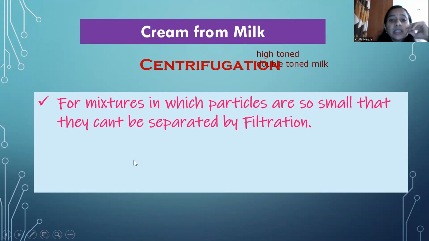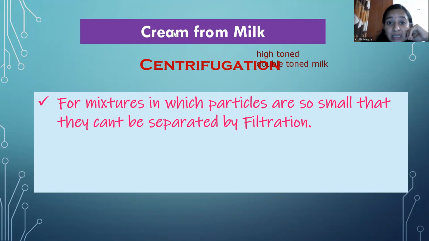When it is rotated at greater speed, then due to the force, the denser particle, that is cream, settles at the bottom. So centrifugation is a process for mixtures in which particles are so small that they cannot be separated by filtration.